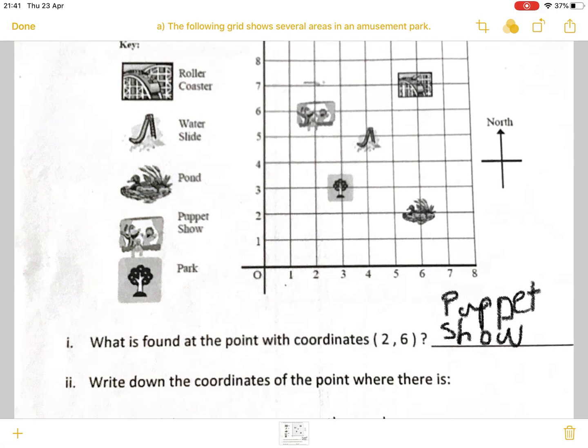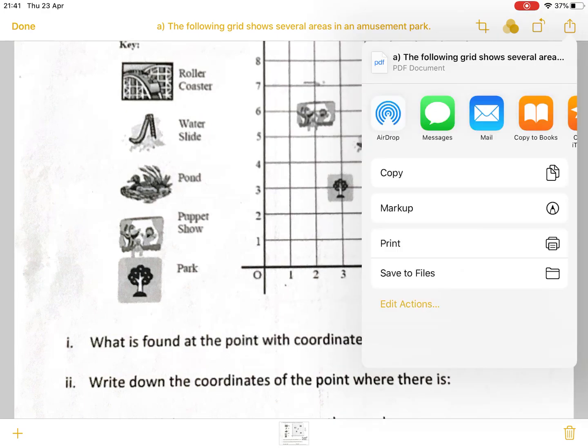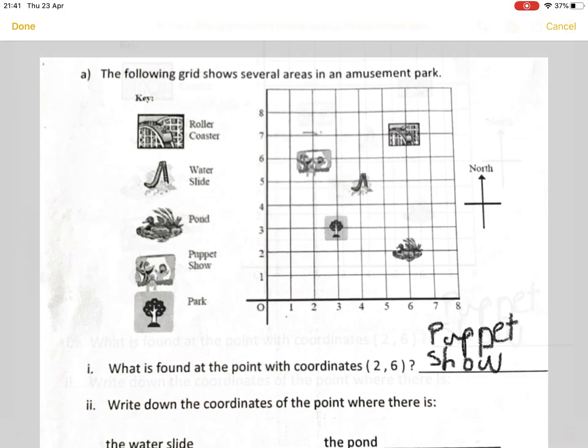So, since we need to move 4 to the right, the first coordinate, the x-coordinate, should be 4. So it's 4, comma. The second coordinate, the y-coordinate, since we had to move up 5 units, must be 5.